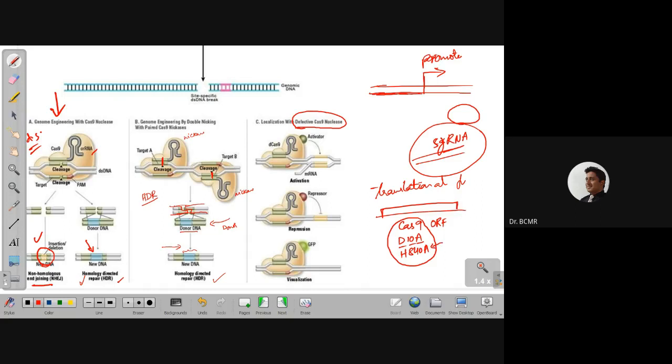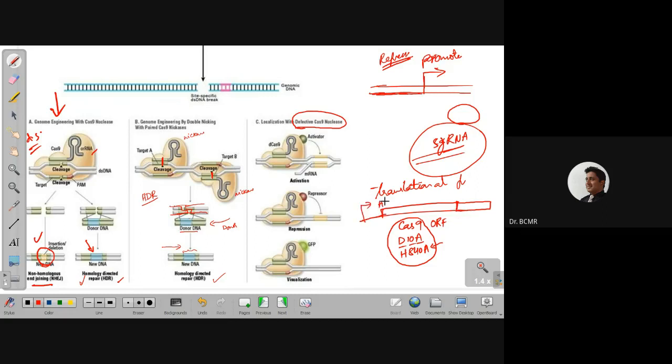And then we add, so I told you that I want to repress here, right? My target is to repress. So I'm going to add a repressor sequence here. I know the amino acid sequence of the repressor, so I'm going to make a translational fusion. What does it mean?